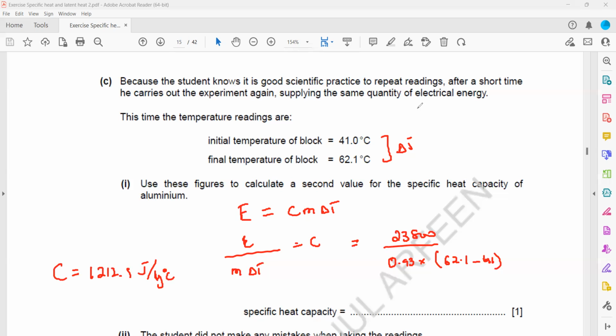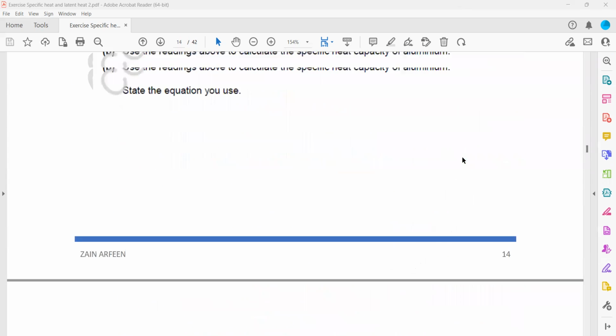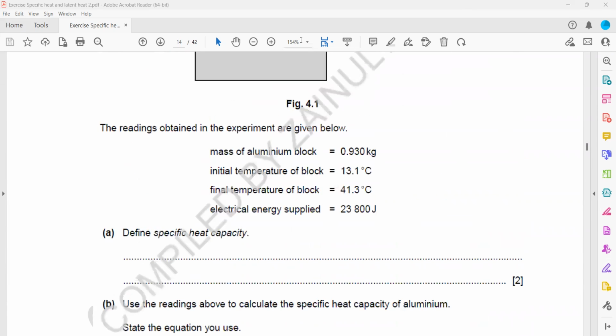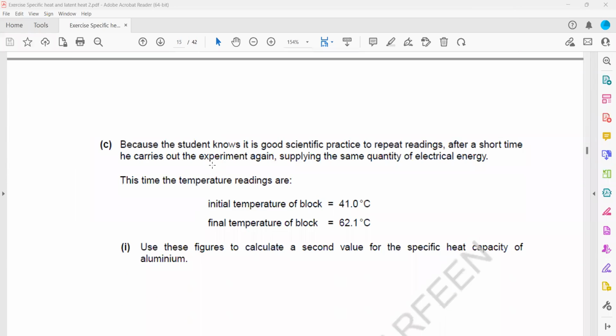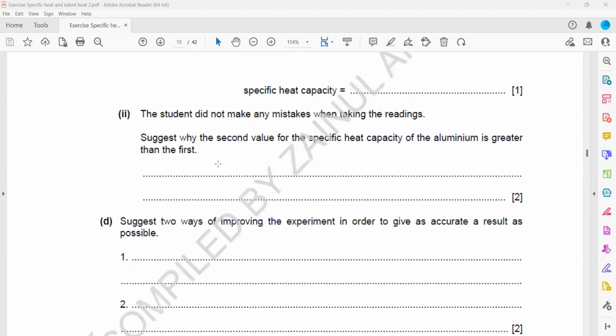So when you compare the two temperature changes, they're different from each other. When the student repeated the experiment, the temperature change is smaller for the same amount of heat energy. And when he did the first experiment, the difference in temperature was more, about 28 degrees. So what is the reason why we have a greater difference in temperature in the first experiment for the same 23,800 joule, and a smaller temperature change in the second experiment?